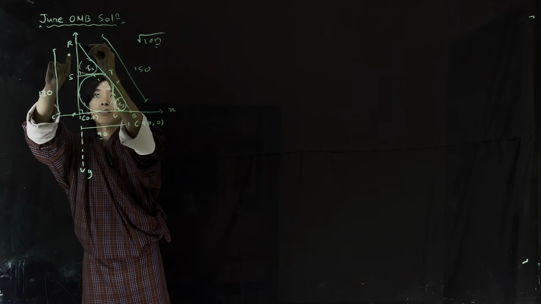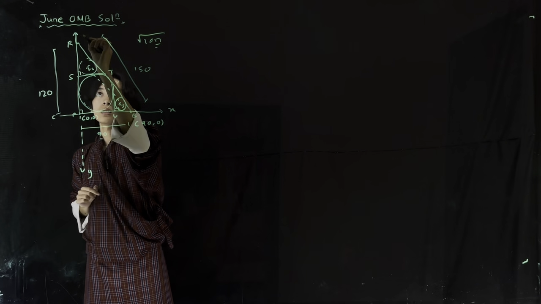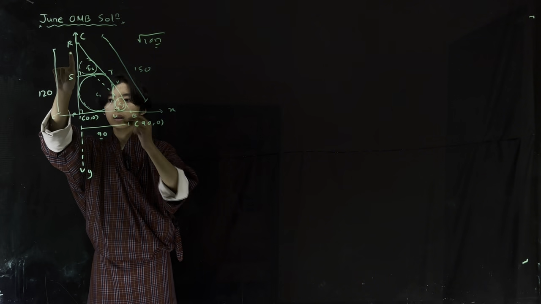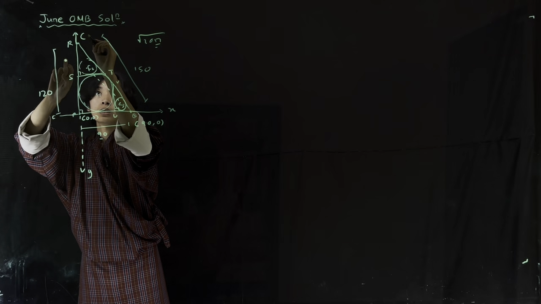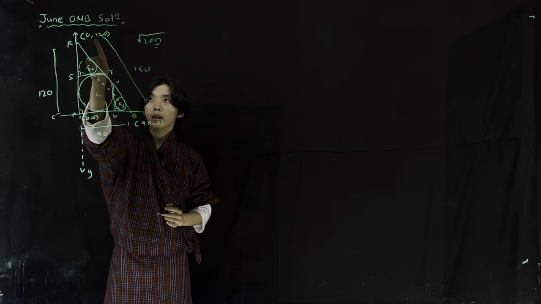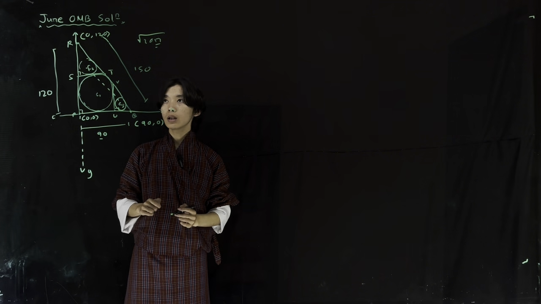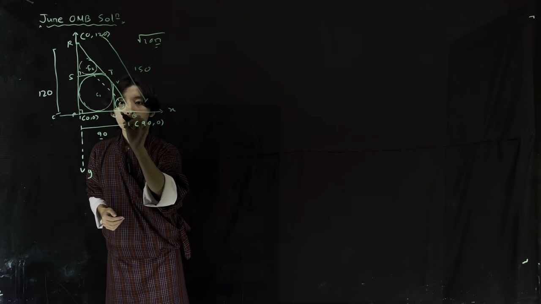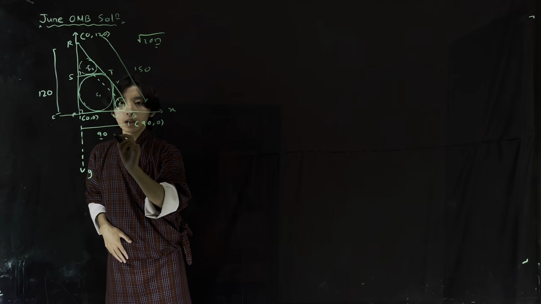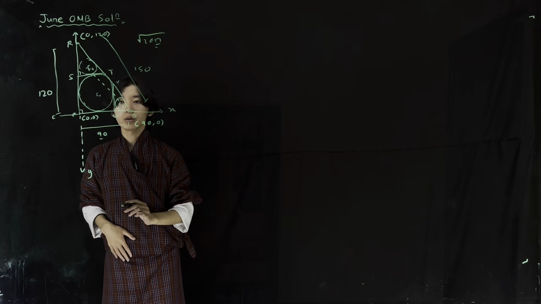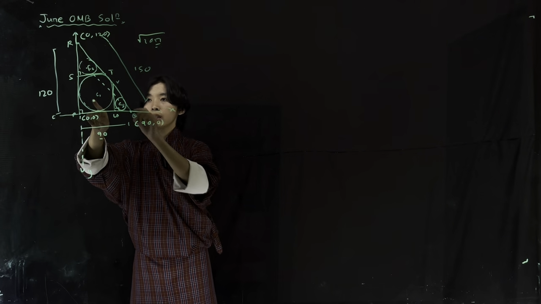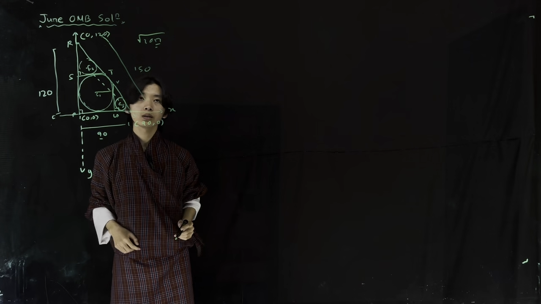Now let's also find the coordinates for point R here. It's going to be 0, 120, so 0 is the x coordinate and 120 is the y coordinate. Now let's also find U here. Before we find U, we are given C1, right? And we can find the inradius of C1.